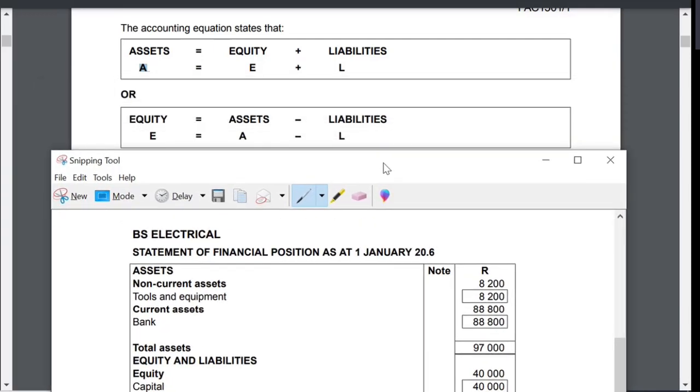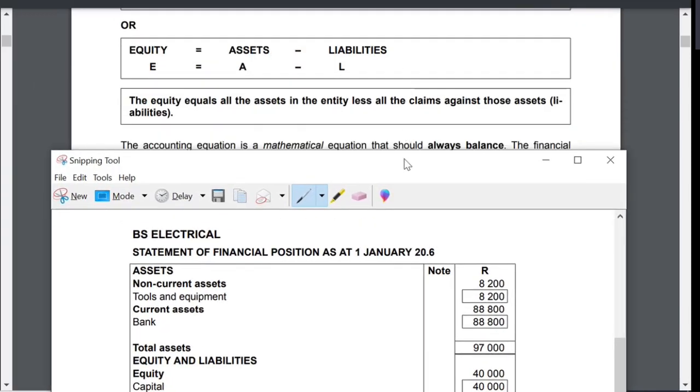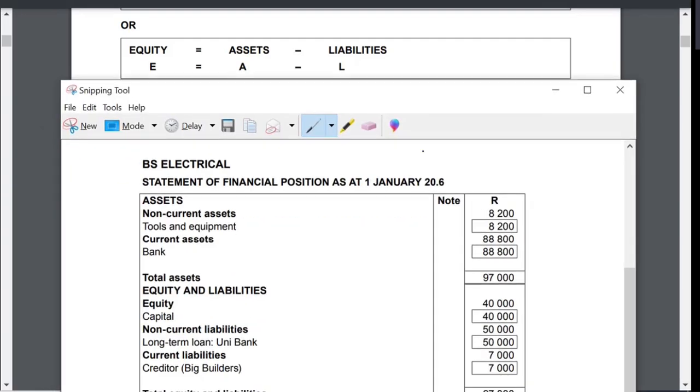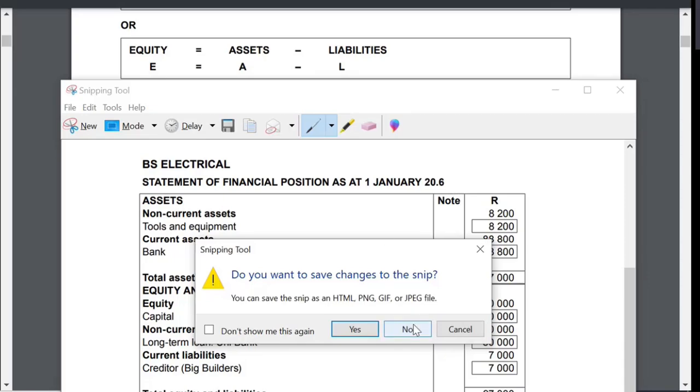When you look at the other one, equity equals assets minus liabilities: equity is 40,000, equals 97,000 minus 57,000, which gives you 40,000. It also balances.